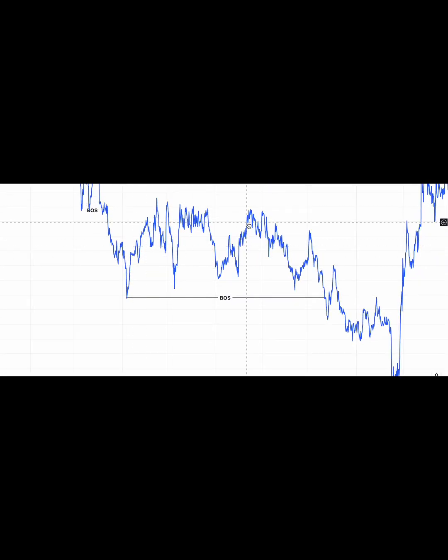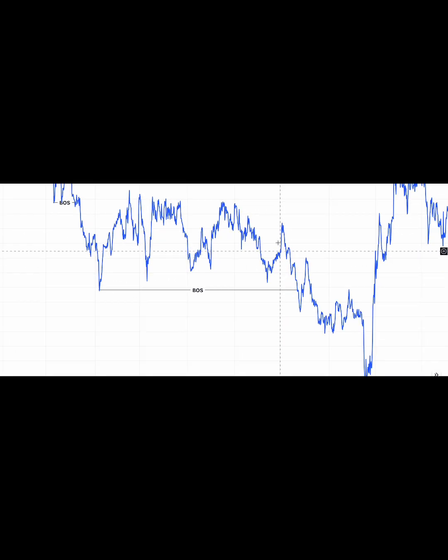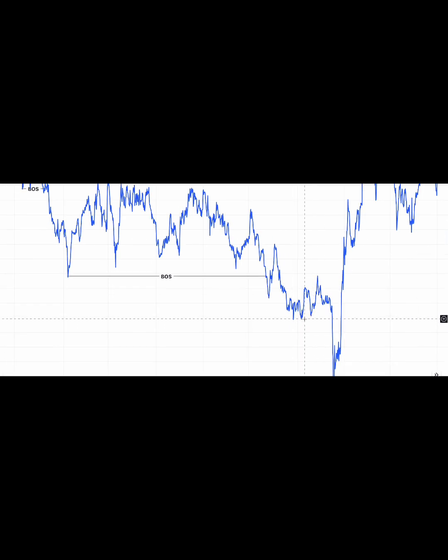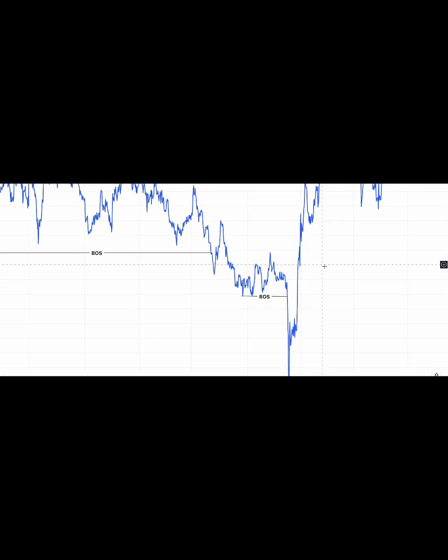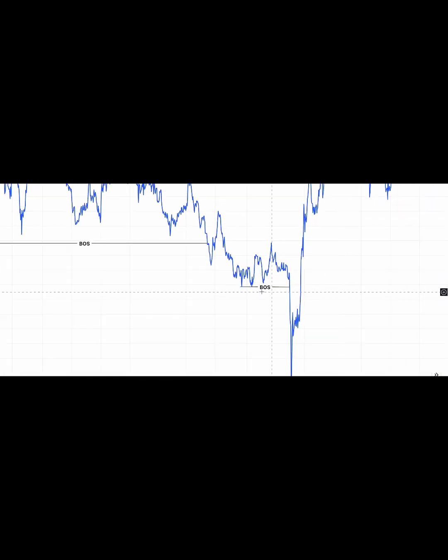Then the price moves sideways in the range here, and finally breaks the structure and forms another new lower low, has a little bit of pullback, then breaks the structure again here. Then this is the lowest point of the current trend for this bearish scenario.